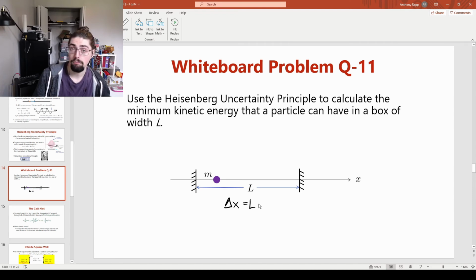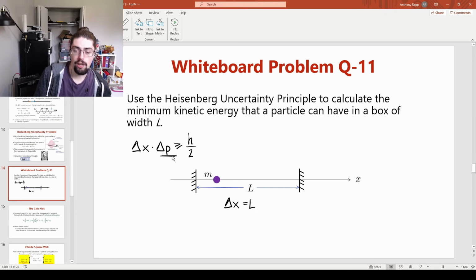So then, okay, we're looking for a minimum kinetic energy based on the Heisenberg uncertainty principle. Let me write that out real fast. Let me go ahead and say delta x times delta p must be greater than or equal to h divided by 2. Kinetic energy scales with velocity, right?